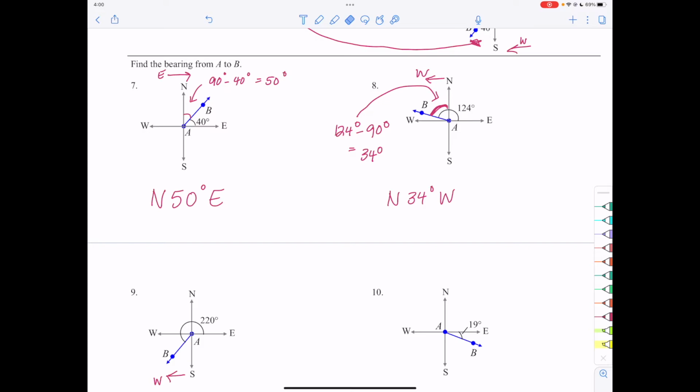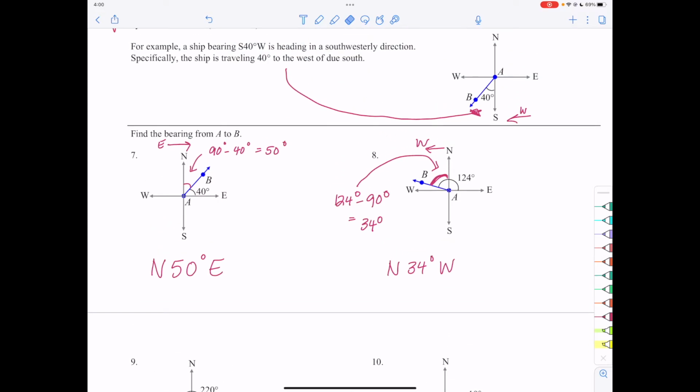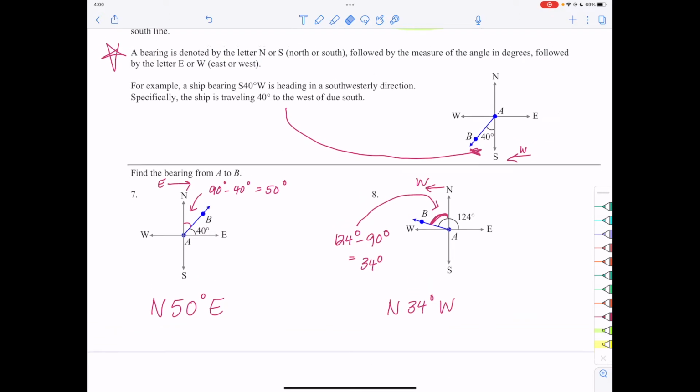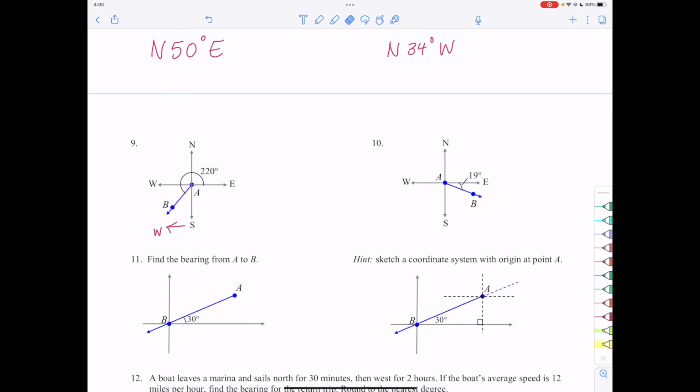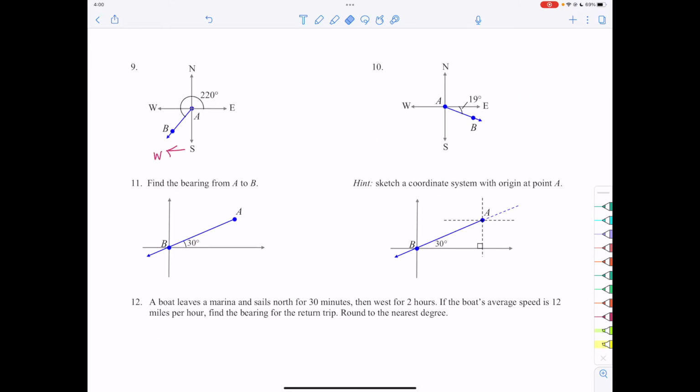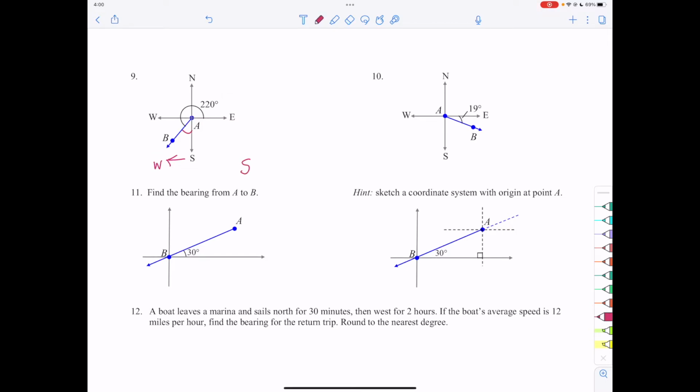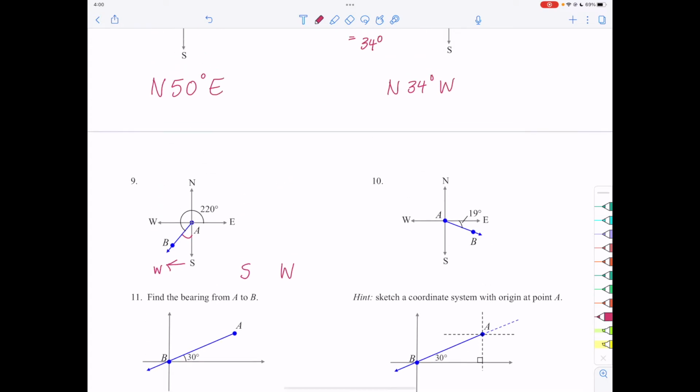Here we are moving east from north. That's correct. And here we are moving west from north. Good. Okay, probably didn't explain that very well. So we are going to be moving west from south. So we know in number 9 that we are going to have south, and whatever this degrees is right here, and then that's going to be west.